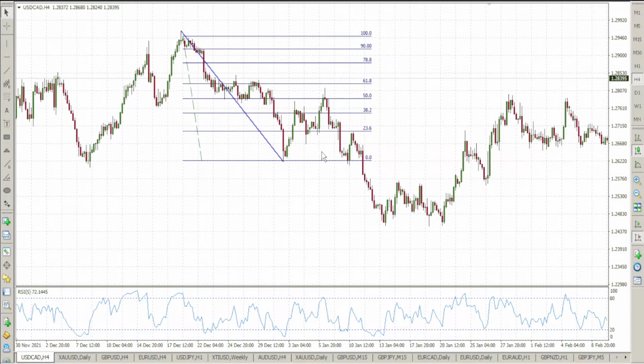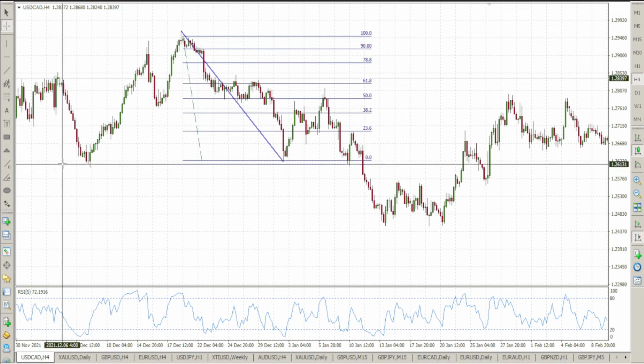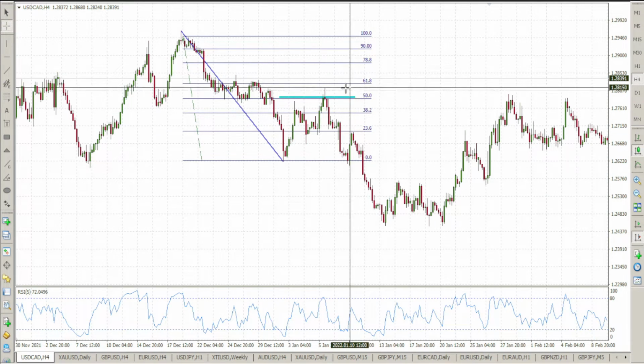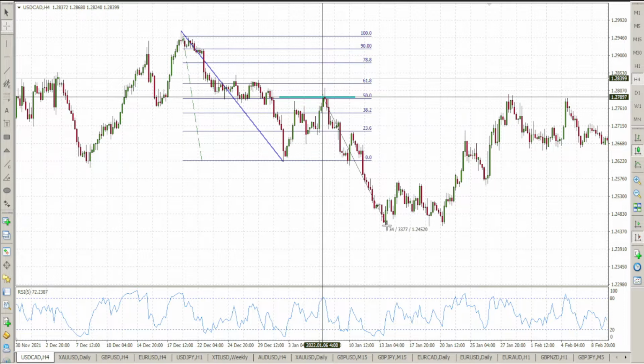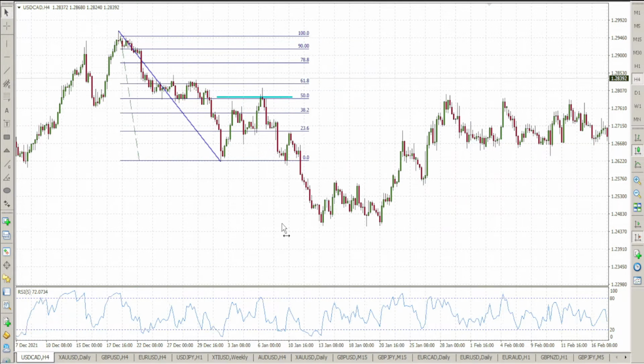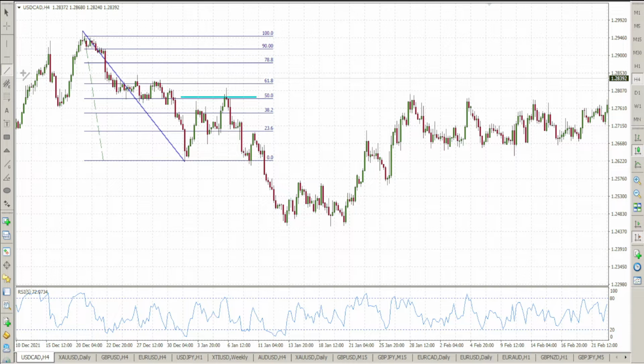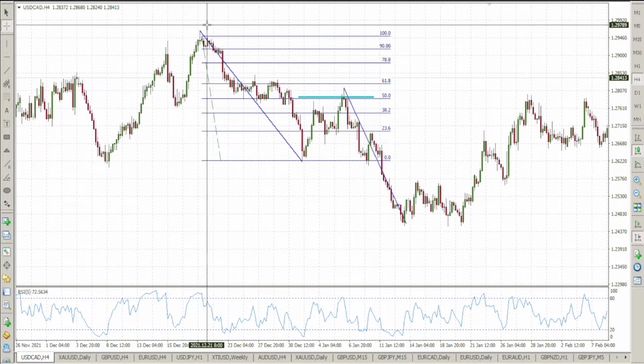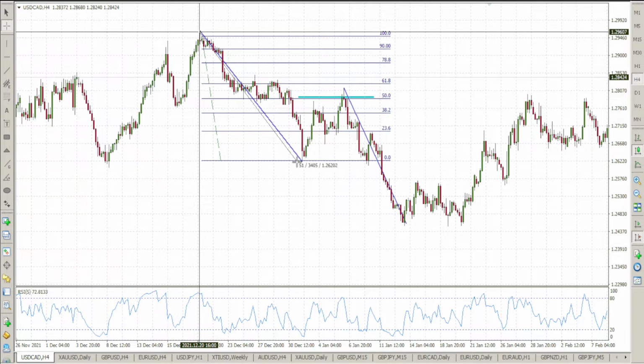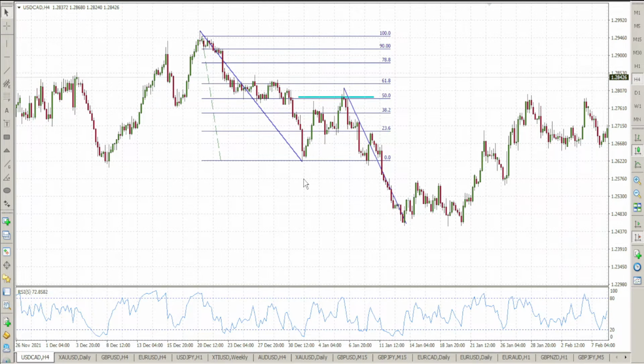Now have a look at it. It reverses from the 50% retracement and makes a nice downward move. Have a look at it. So when the trend is going down, what forex traders do is wait for a correction.